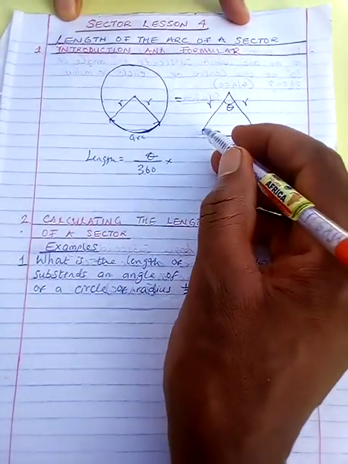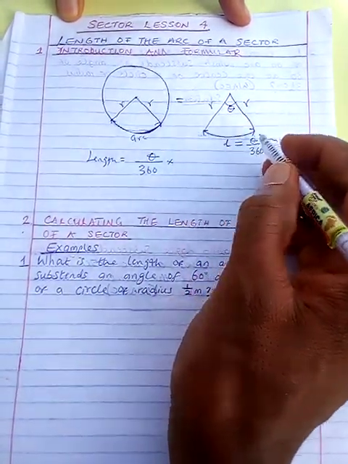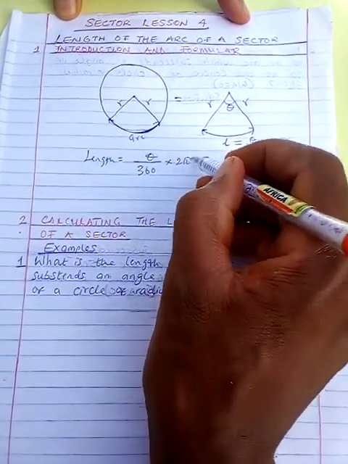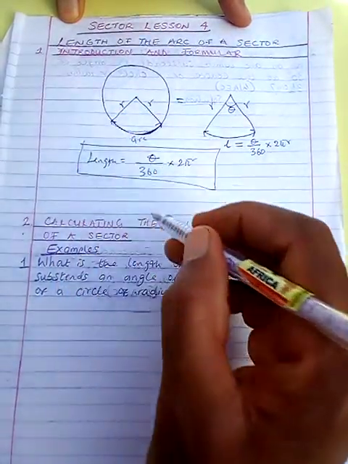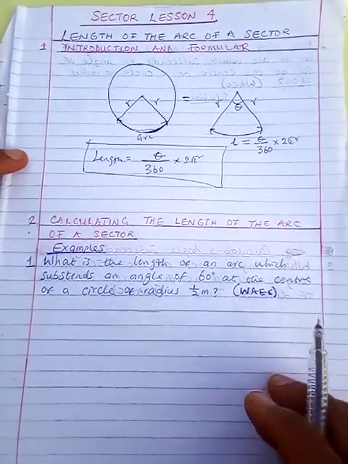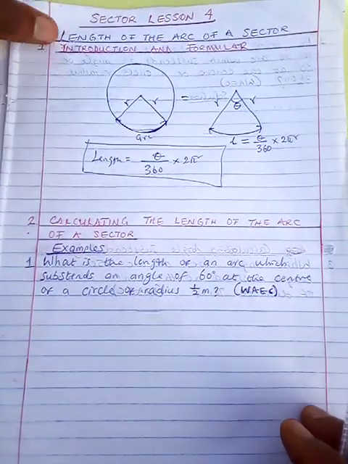Then, since the arc is along the circumference, we multiply by 2 pi r. So this gives us the length of the arc of a sector. We are going to use it to solve two problems in this lesson.